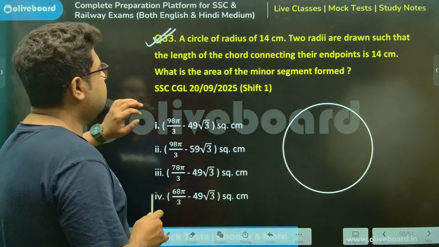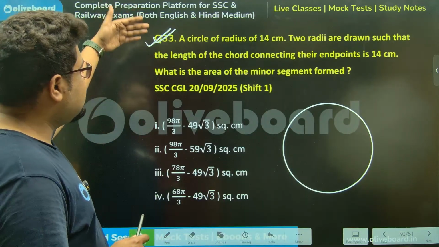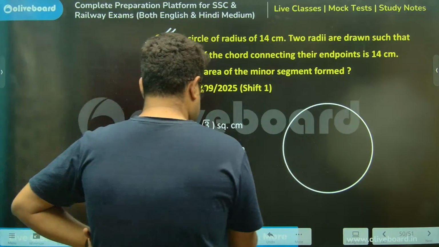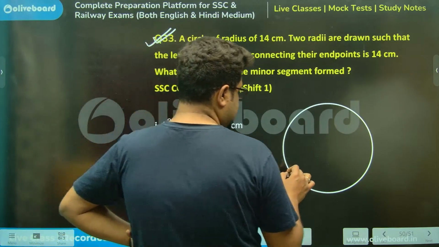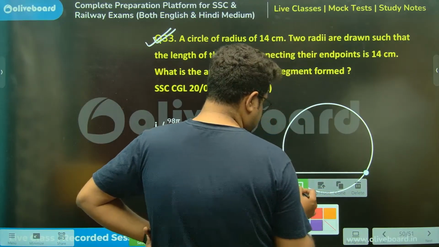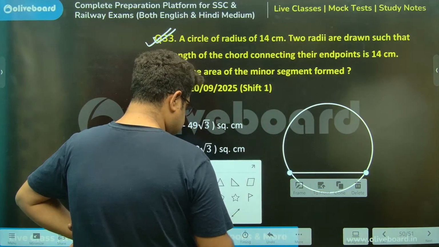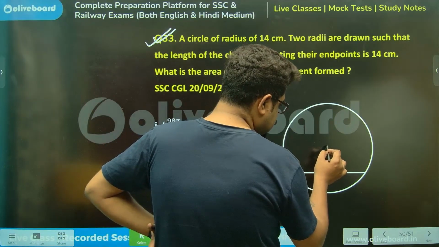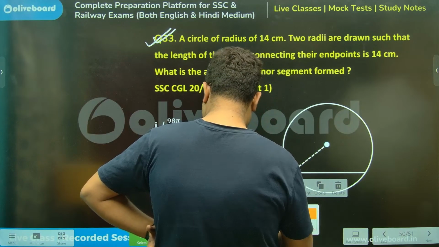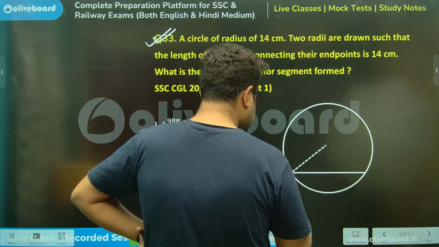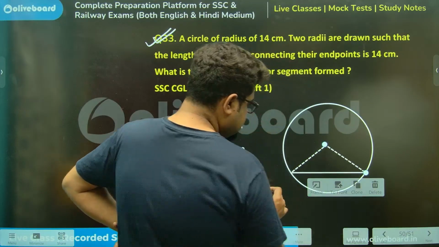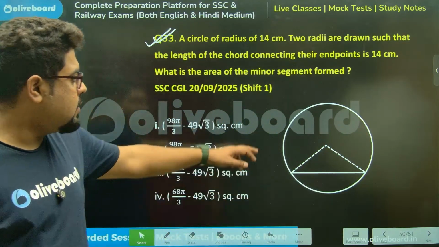Sir, what they're saying? Two radii are drawn such that the length of the chord connecting their endpoints is 14 centimeter, meaning we are talking about a chord. So these two are your radii.